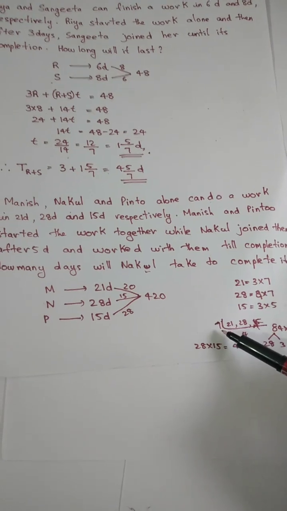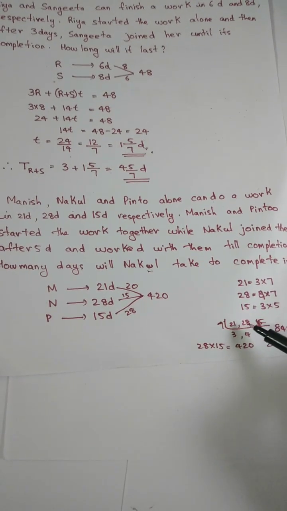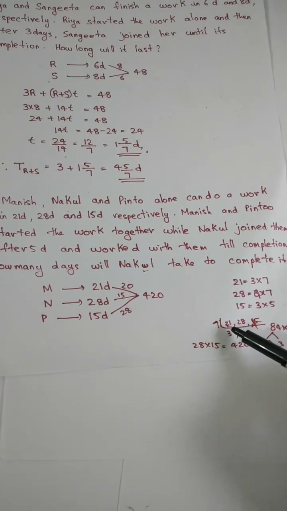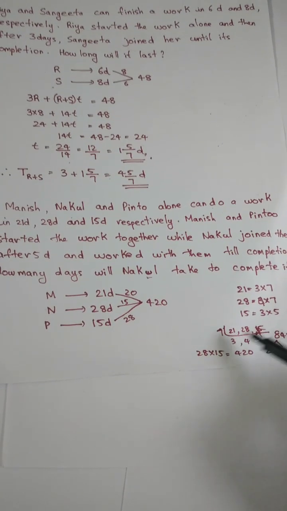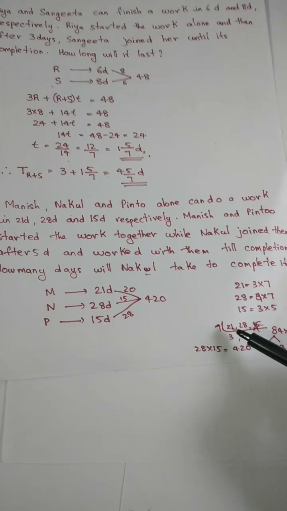So 21 and 28 can be divided by 7. Prime factorizing 21 and 28, we get 21 as 3 times 7, and 28 as 4 times 7.